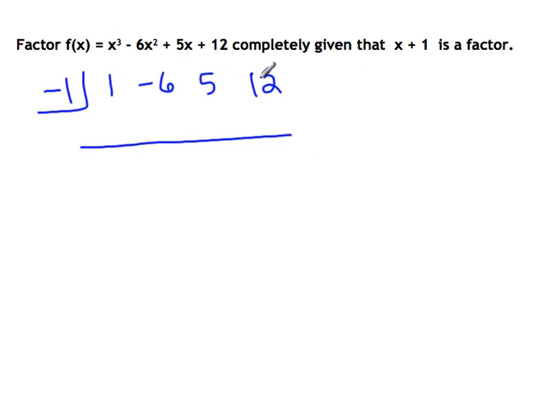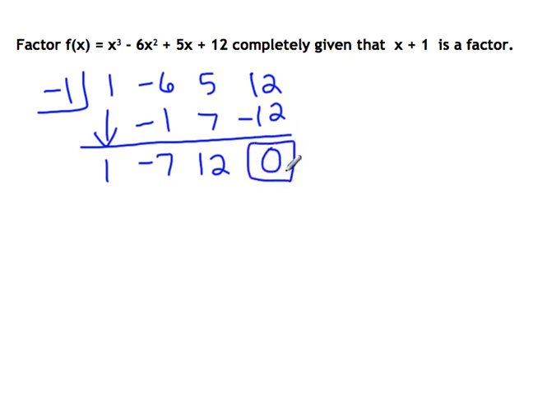Now that we've put those coefficients in order, we're going to bring down this 1. So I have 1, multiply to get negative 1. There's negative 7, 7, 12. That'd be negative 12. And this turns out to be 0. Remember, this last should always be 0. There should be no remainder.